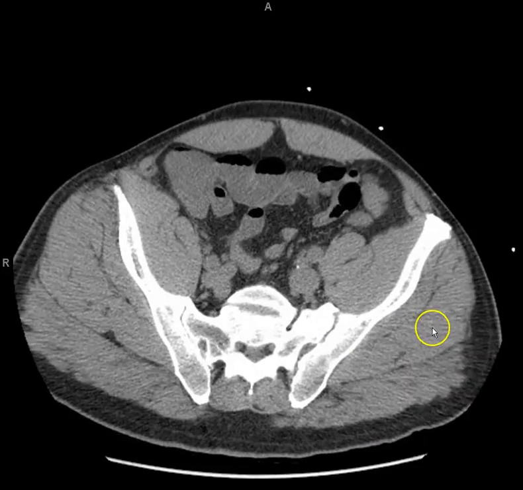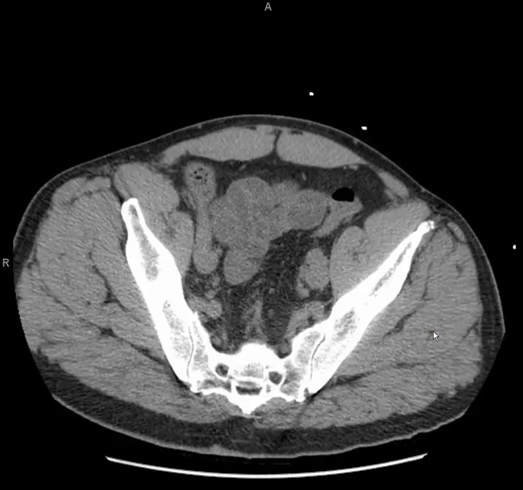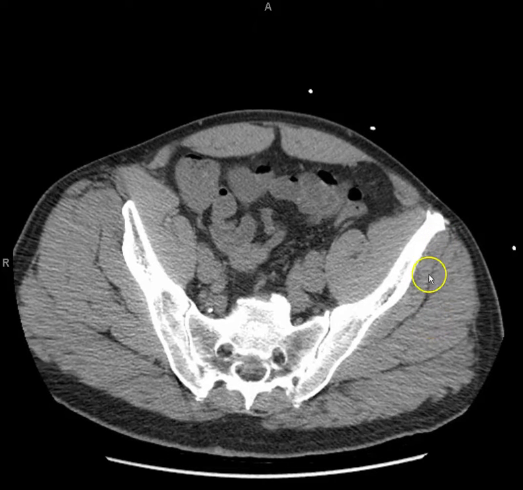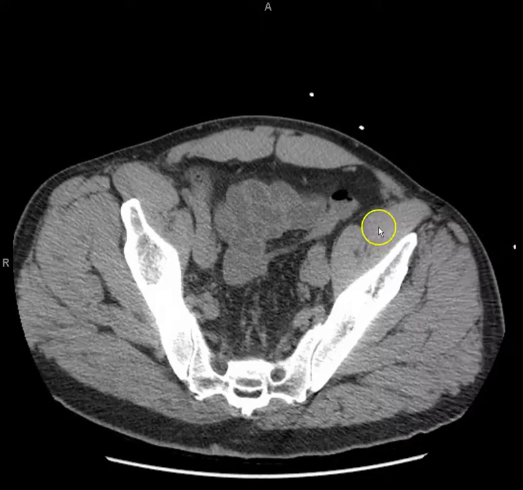Since this guy's muscles are so well defined, he's actually a pretty fit guy. What are these three structures? Gluteus minimus, medius, maximus. Good. So those are the glutes, well formed. And what is this structure here?